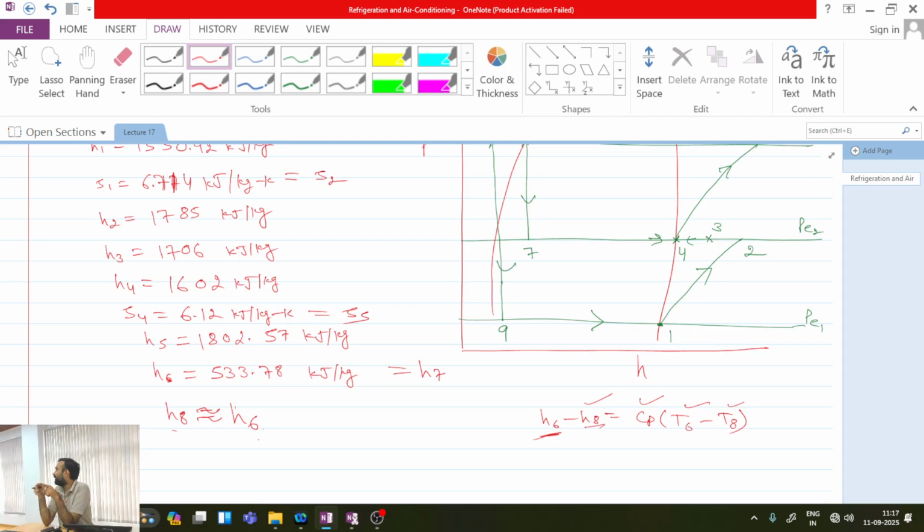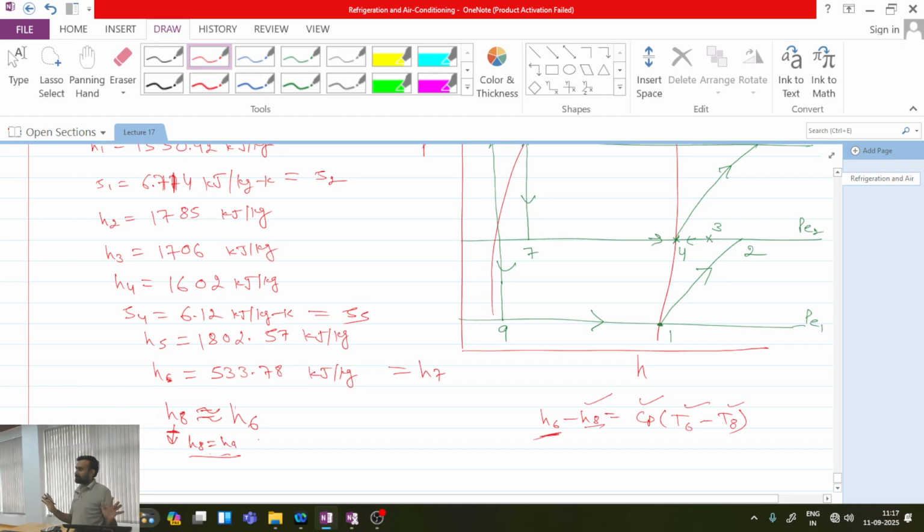One is absence of subcooled property table, and second is absence of pressure. So maybe in your property table it is not there, but whenever the question will come in the exam, some criteria will be given to you. If there is no criteria given, then you make this approximation that in the subcooled state, change of enthalpy will be small, and as data is not given, so you can assume H8 equal to H6. Clear? And we know that H8 has to be equal to H9.